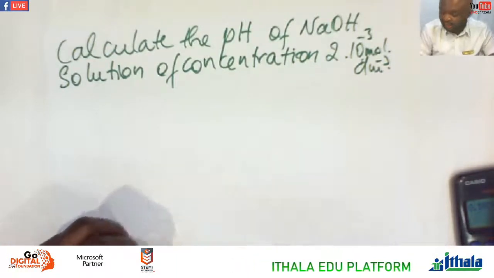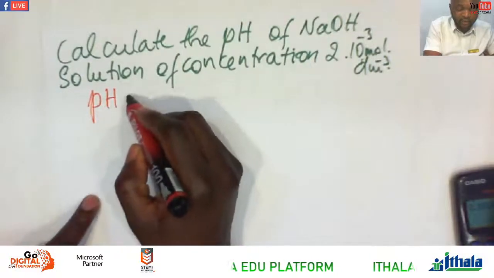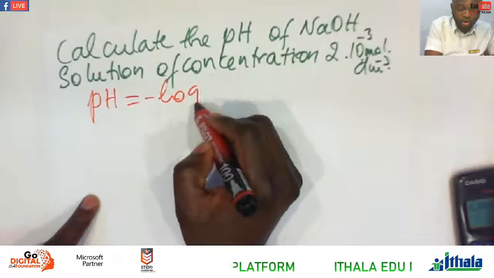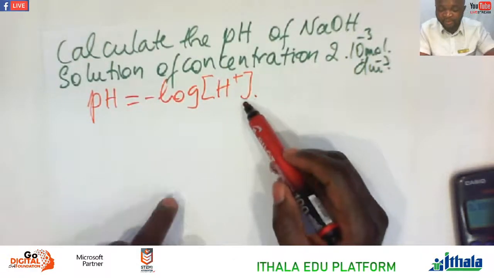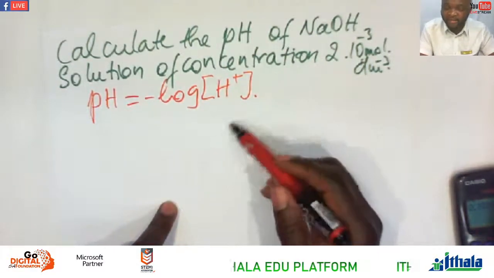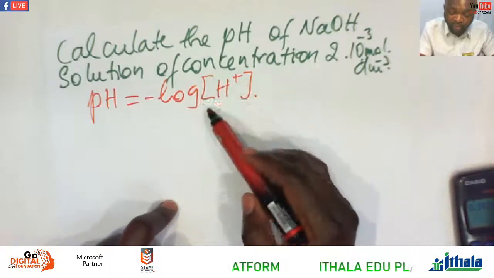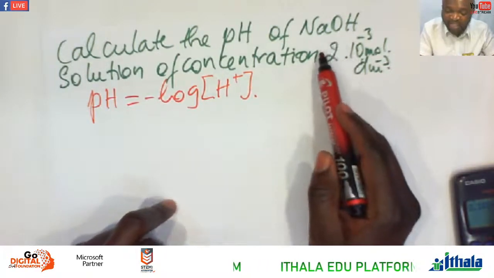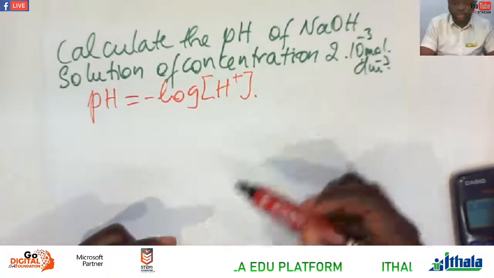Right. Then siyazi ukuthi masicalculate pH, pH uhambisana nani? pH is minus log of what? Concentration ka H plus. Now the problem is this one is a base. This one is a base. So sizothatha lo H plus ngoba i-base siyazi ukuthi base isikhiphela bani? Isikhiphela OH minus.